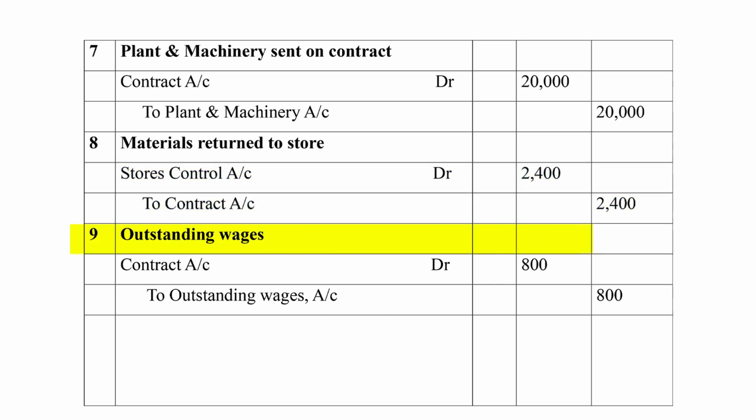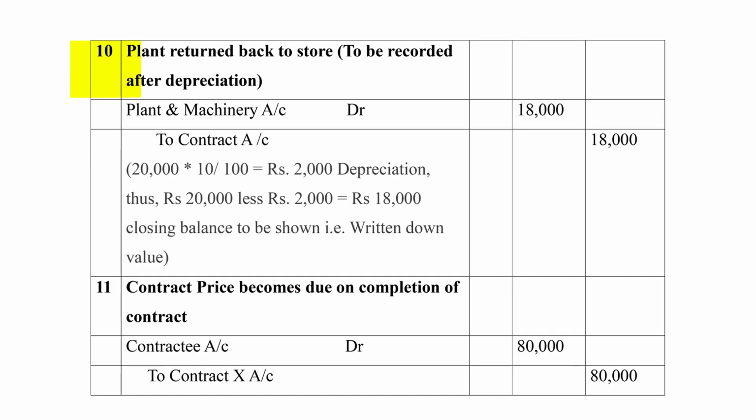Next entry for outstanding wages, contract account debit rupees 800 to outstanding wages account rupees 800. Next is for plant returned back to store to be recorded after depreciation. Plant and machinery account debit rupees 18,000 to contract account rupees 18,000.